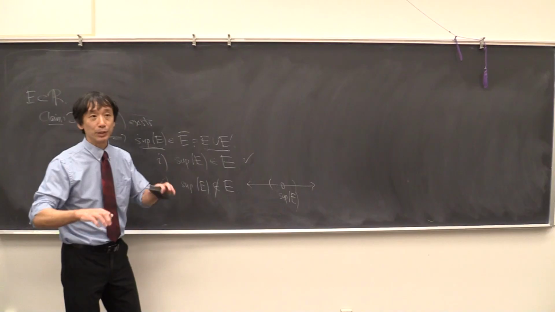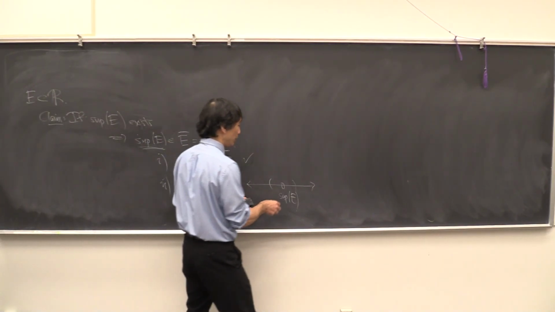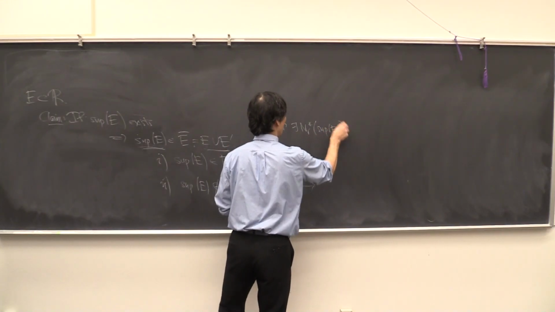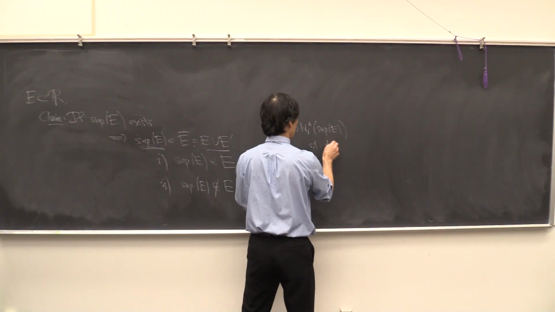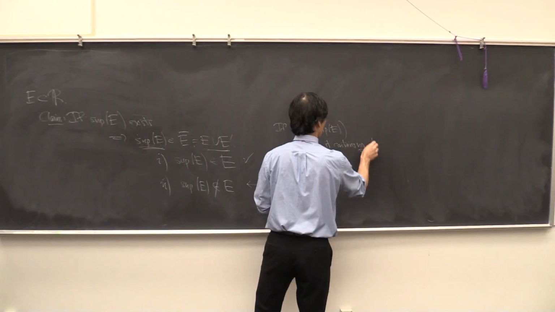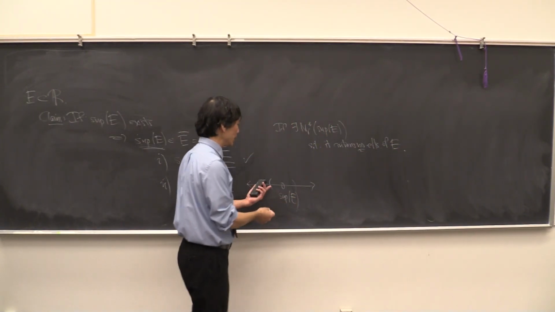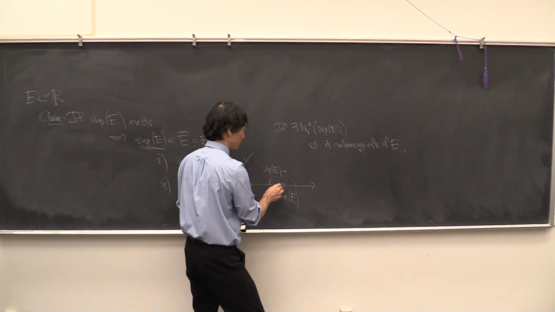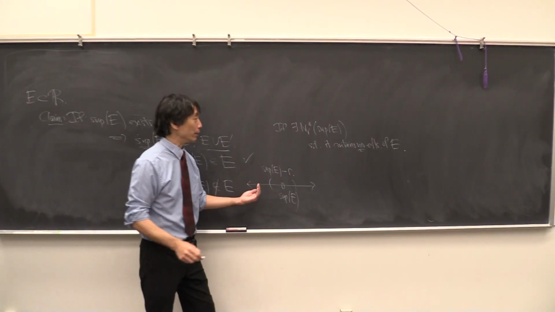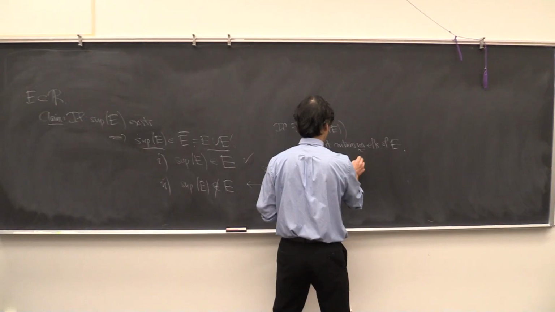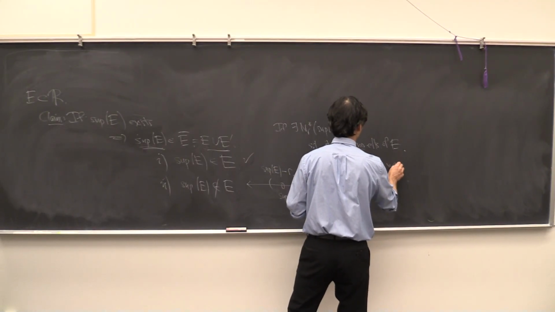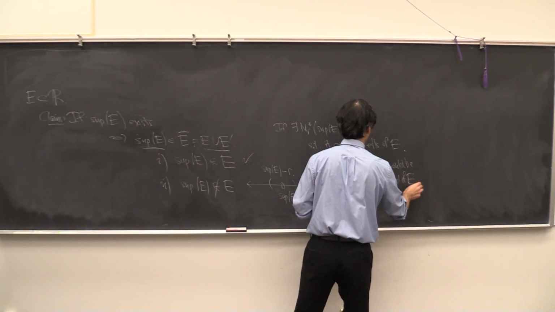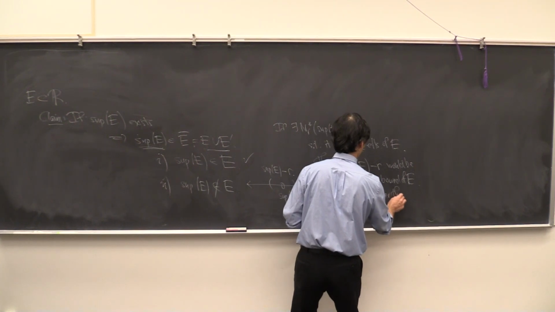We want to show that every punctured neighborhood must intersect E. So suppose there exists a punctured neighborhood around the supremum that contains no elements of E. Then the supremum of E minus the radius would be an upper bound of E that's strictly smaller than the supremum.